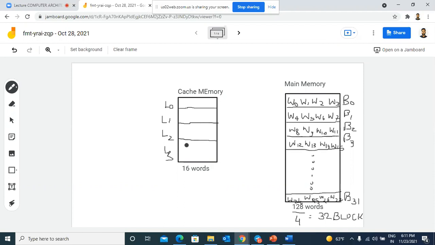With a 128-word length and a block size of 4, that is the arrangement. That is about the main memory.